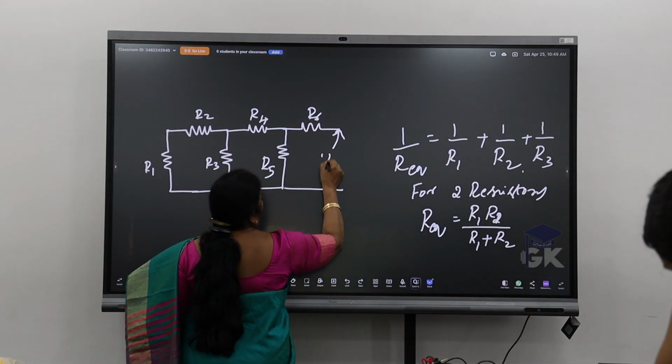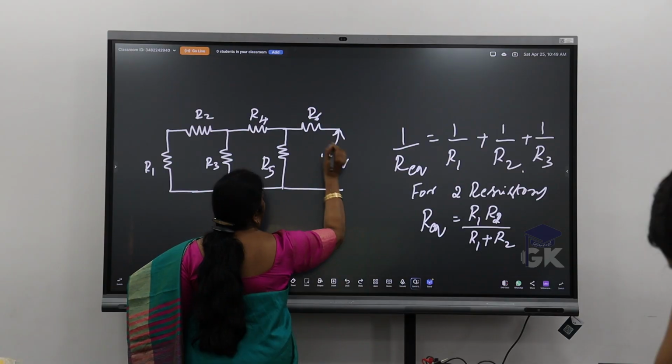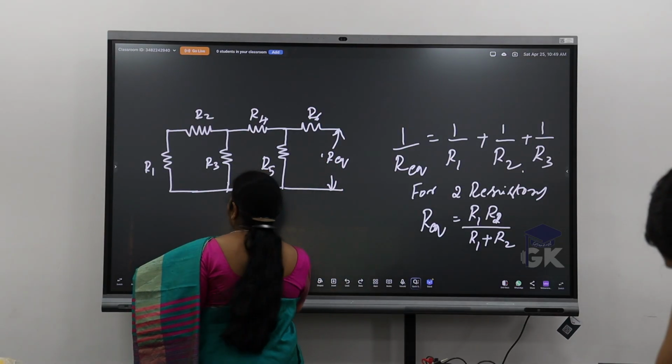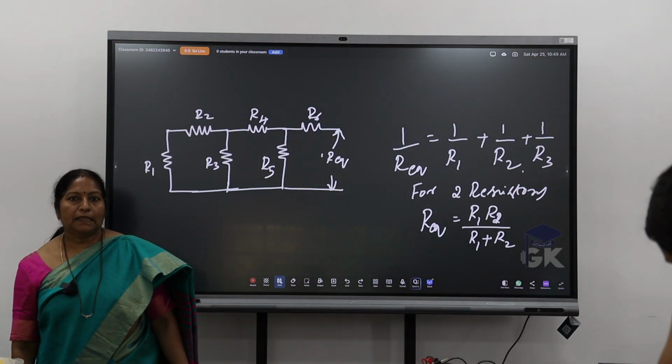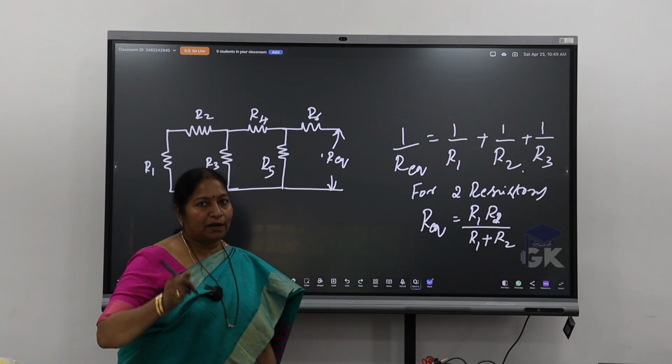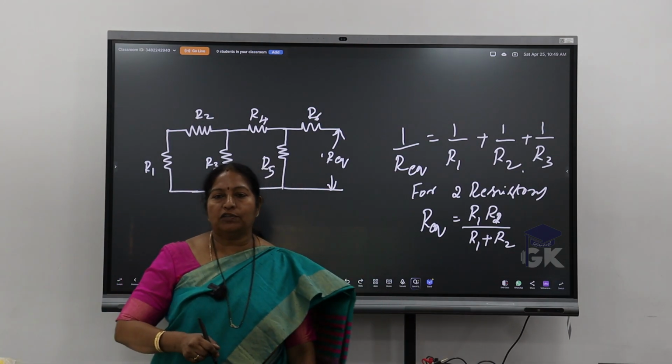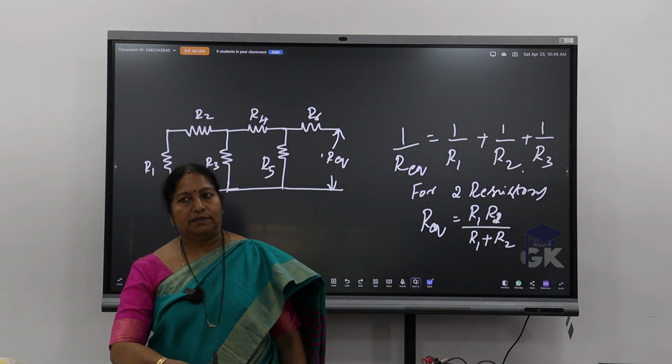What is the equivalent resistance? This one you have to connect on the breadboard and you have to prove that. How do you find out the equivalent resistance?